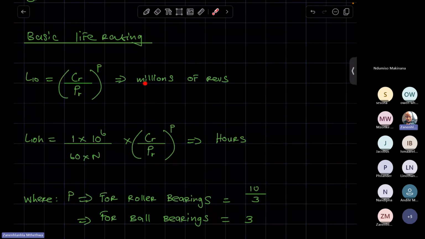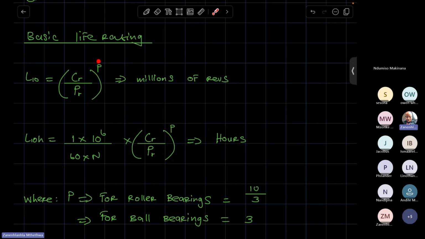So this formula, the basic life rating in millions of revolutions, is denoted as L sub 10, and this is what you use to calculate it. You use the basic life rating CR, and then PR is the dynamic equivalent radial load, which we just spoke about.